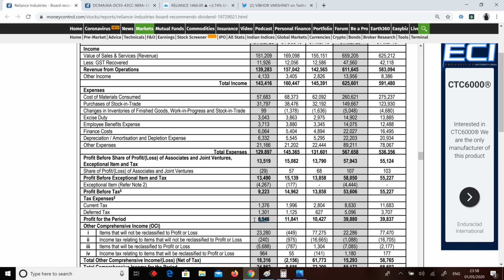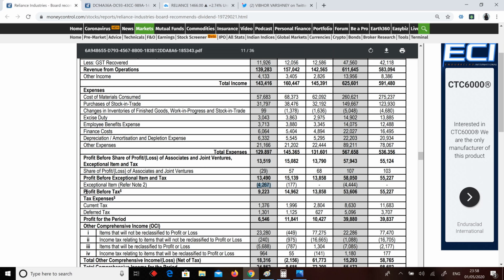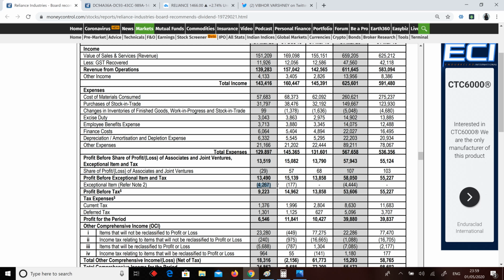But the question arises, is it going to happen every quarter? Is it going to happen every year? They have already mentioned an exceptional item. Many people don't realize this, but it is clearly mentioned: an exceptional item of 4267 crores.